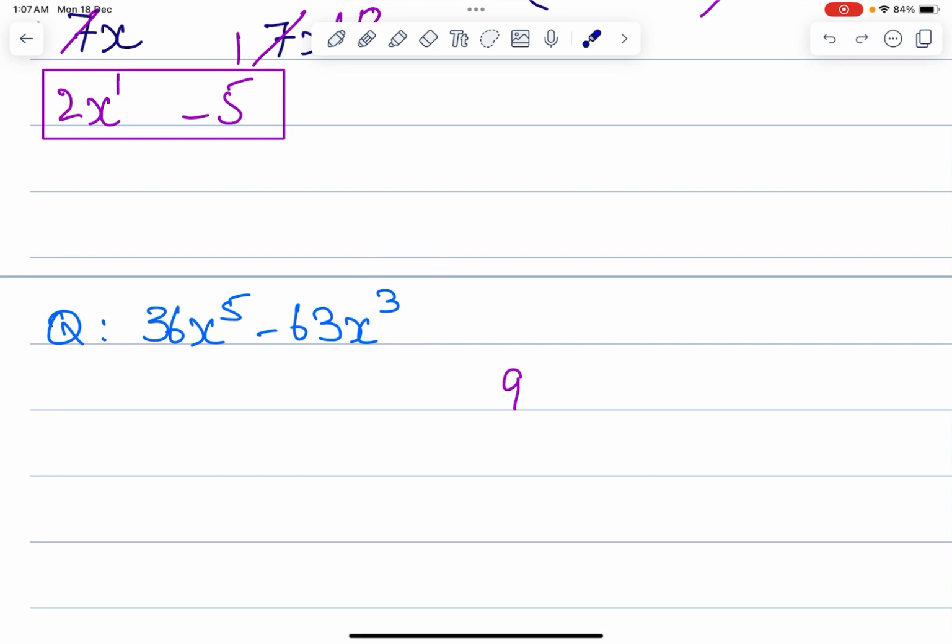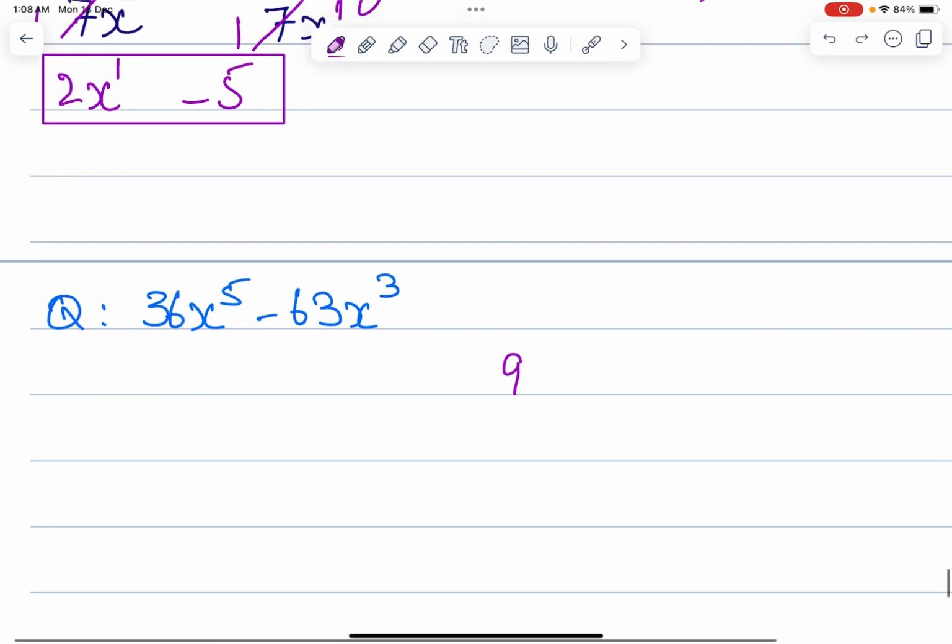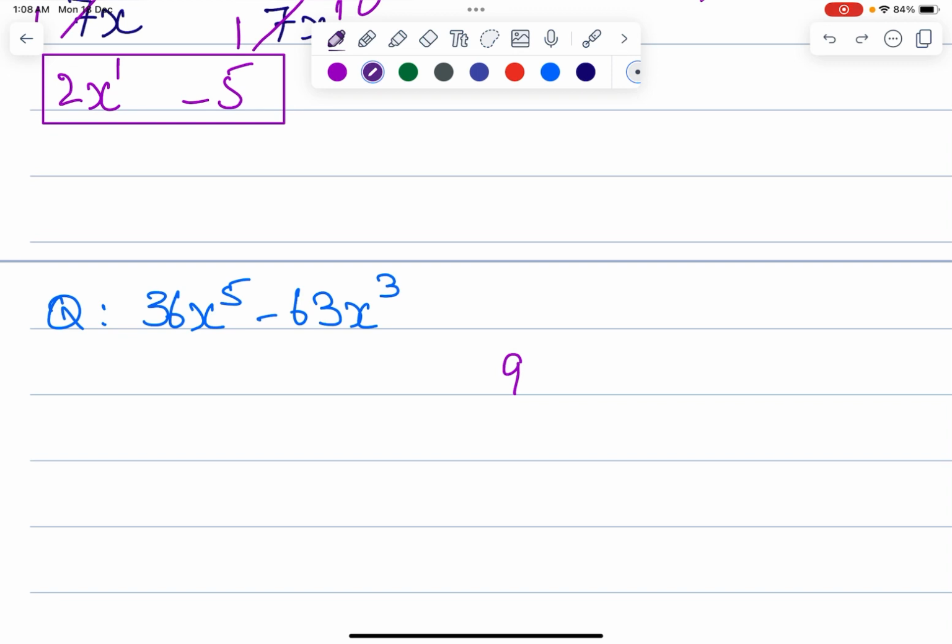Just imagine it: both terms have at least x to the power 3, because this side has x to the power 5. What do we mean by x to the power 5? Let me explain a little deeper. X to the power 5 means x multiplied by x multiplied by x multiplied by x multiplied by x: 1, 2, 3, 4, 5.